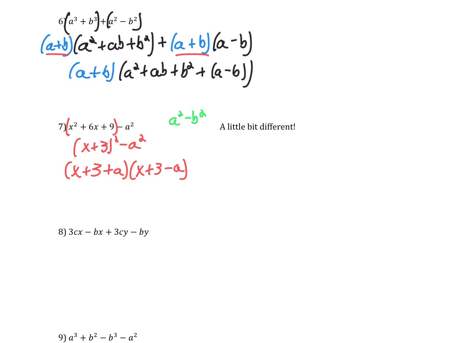Right, in this case, the a is the b value. We've kind of swapped, right? The b here corresponds to the a there. So notice that pattern is a little bit different. Most of the time we're going to do 2 and 2. Sometimes it's possible to do 3 and 1.